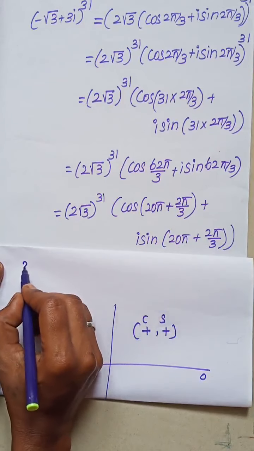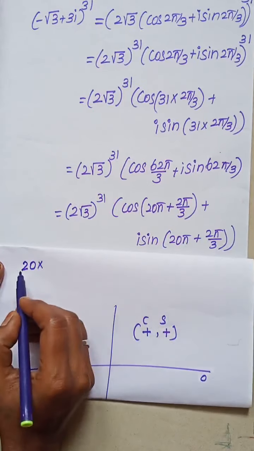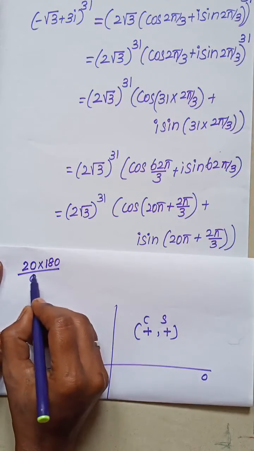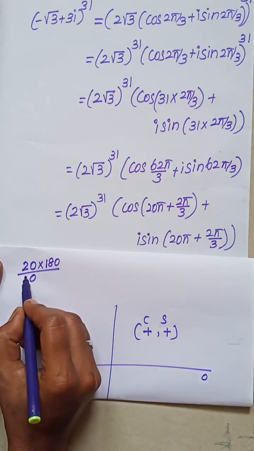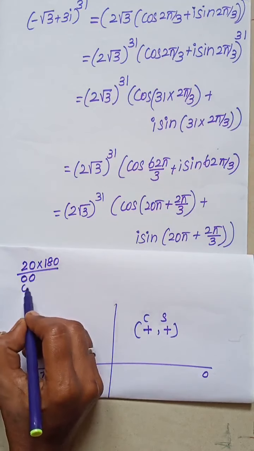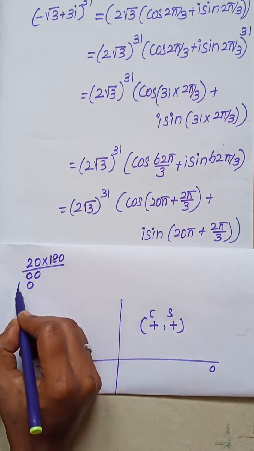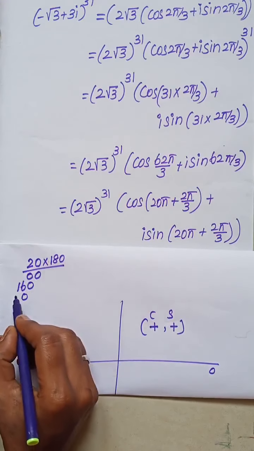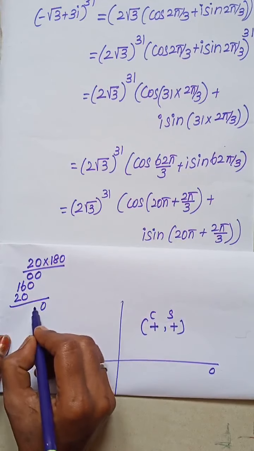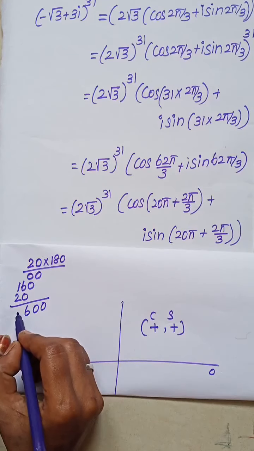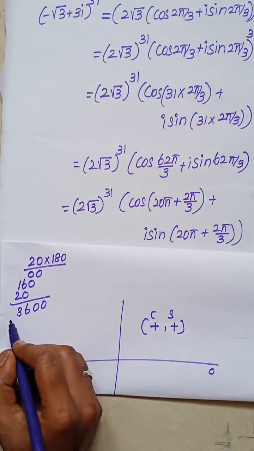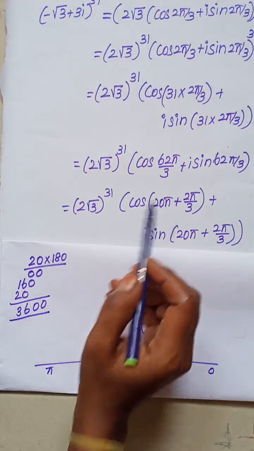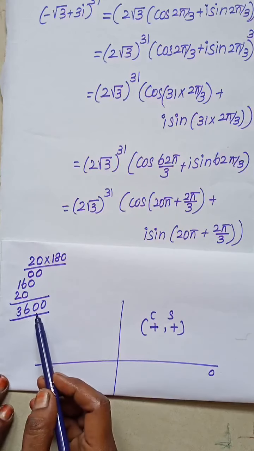First, find the value of 20 pi. 20 into 180 is 3600. So 20 pi value is 3600 degrees.